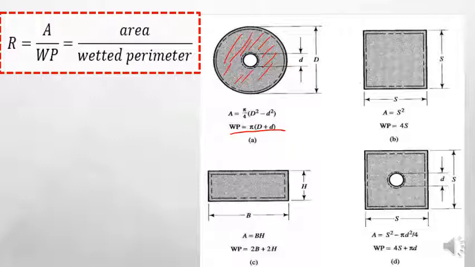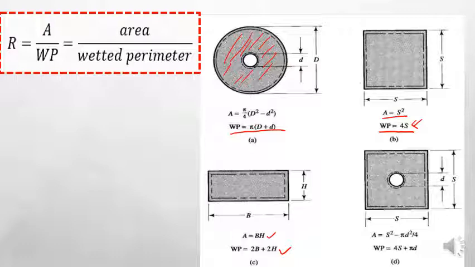The second shape is just a rectangular shape. The area is given here, and the wetted perimeter is also given here, which is 4 times S. This shape's area is B times H, and the wetted perimeter is like this. And the other one has a circle inside the rectangular shape.